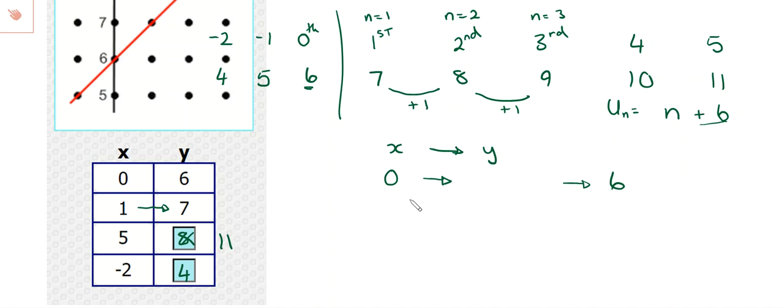Now, to get it correct on the computer, because we're not dealing with just a sequence of numbers, we're dealing with functions, instead of un equals n plus 6, we change this to y equals x plus 6. Means the same thing, we're just using letters because we've come from a graph.